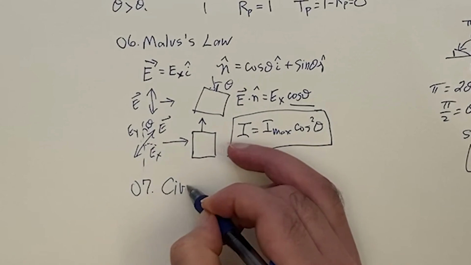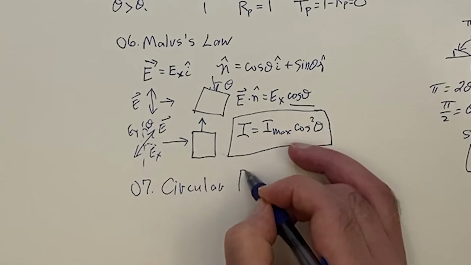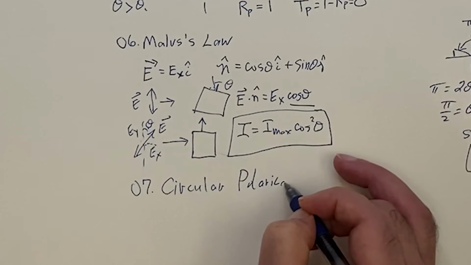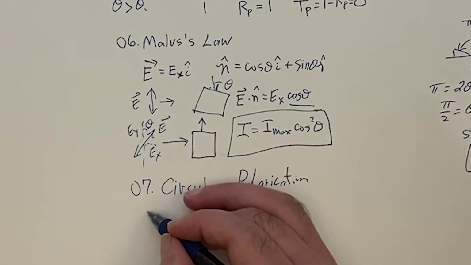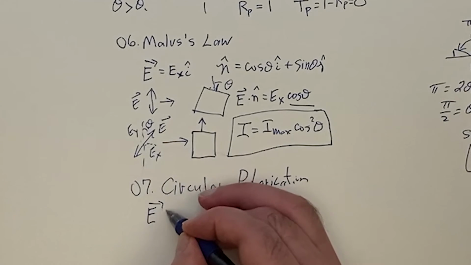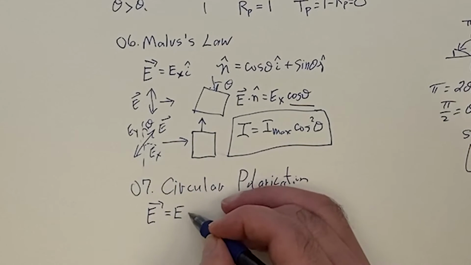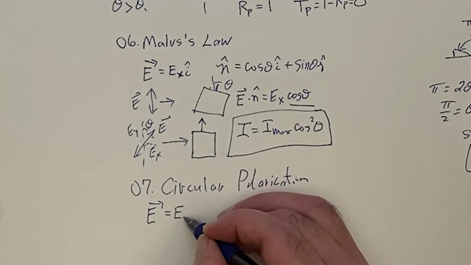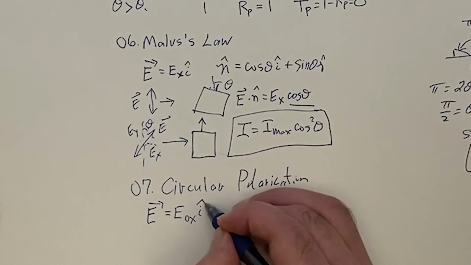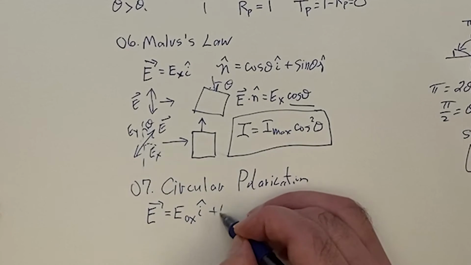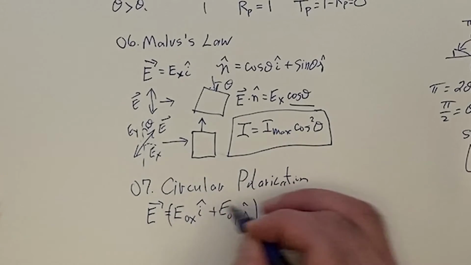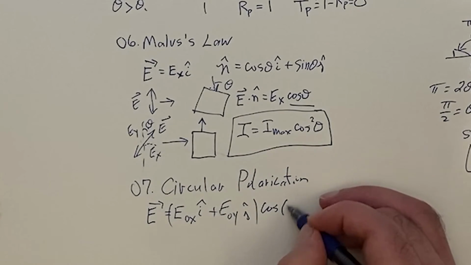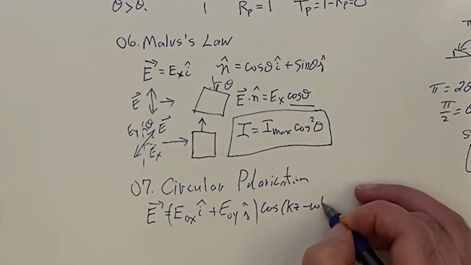Number 7, circular polarization, very, very easy. What you do for circular polarization is, here we're going to have an electric field that's at some slant, where we have, say, an X component and a Y component like this, say cosine or sine, doesn't matter.